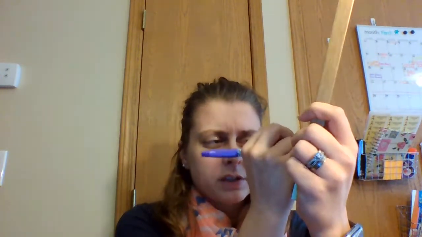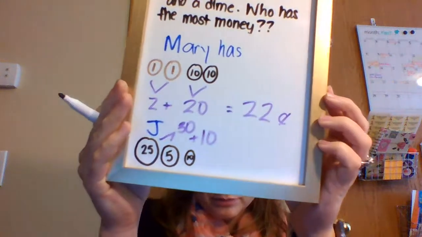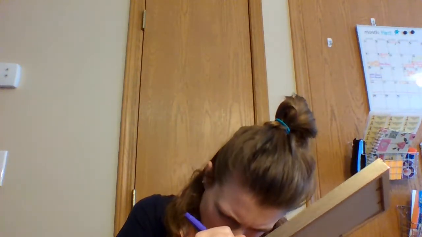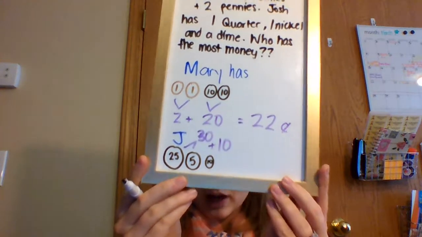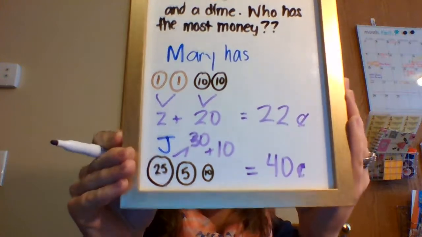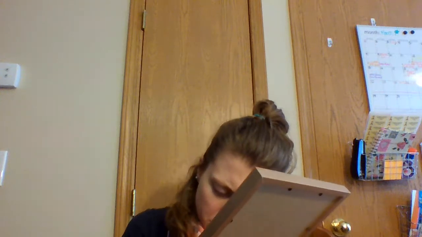And then I would just add my 10. 30 plus 10 is a really easy problem. We know that is 40 and then our cent sign. So Josh has 40 cents.